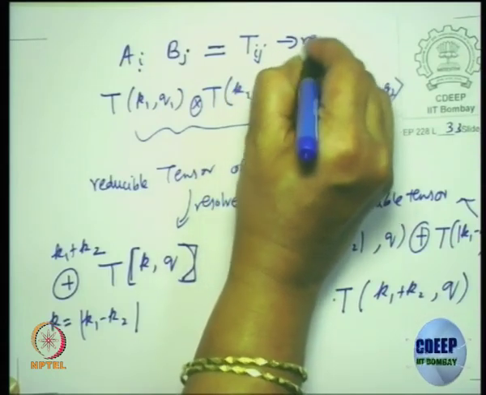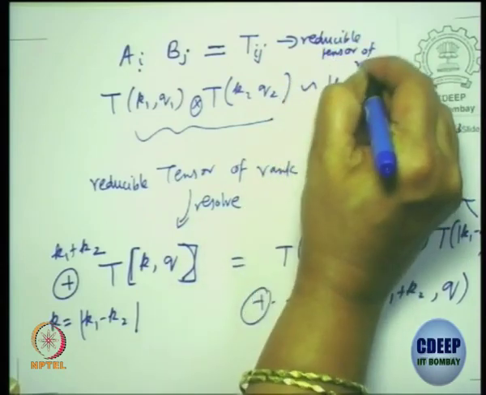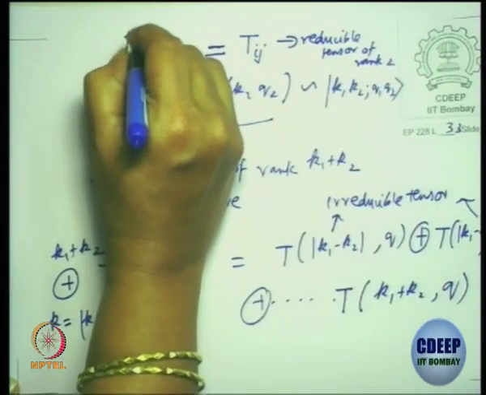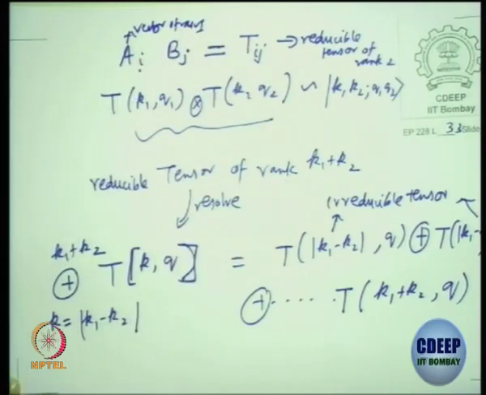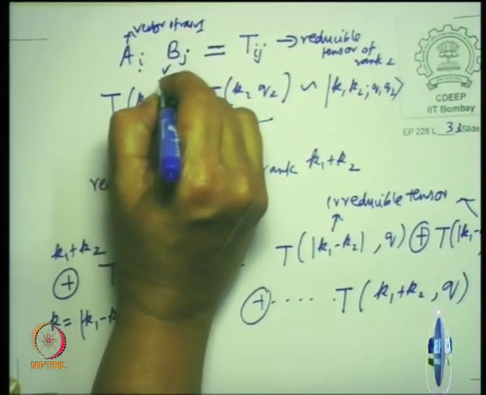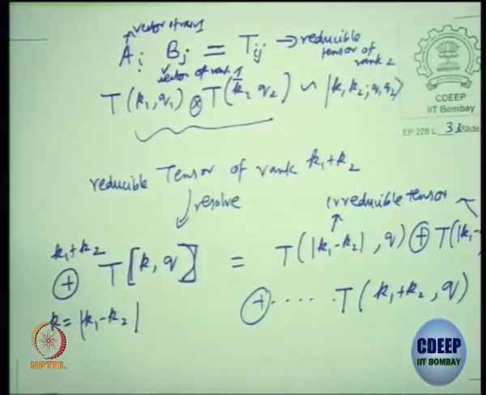This is a reducible tensor. This is a vector of rank 1. You understand what I am saying? This is also a vector of rank 1. You had two vectors of rank 1. You took a tensor product of two vectors and you got a raw tensor of rank 2. That's called a reducible tensor. Okay?